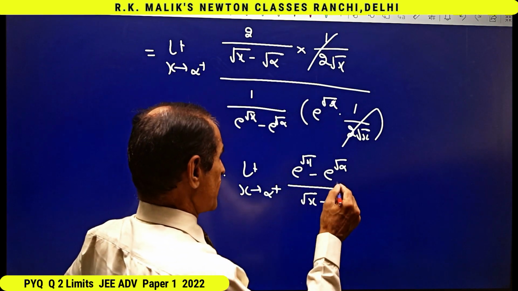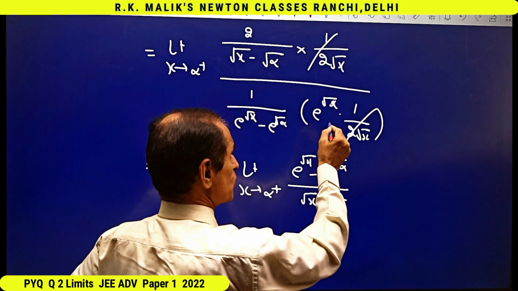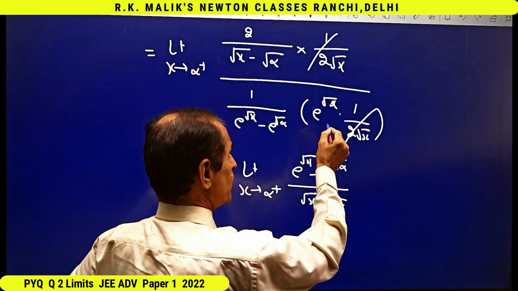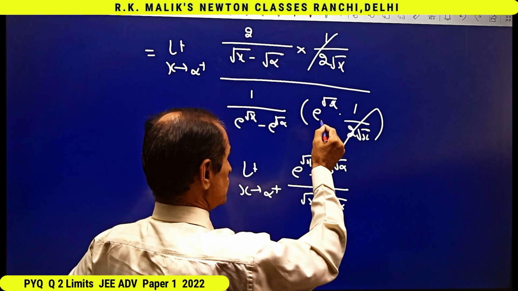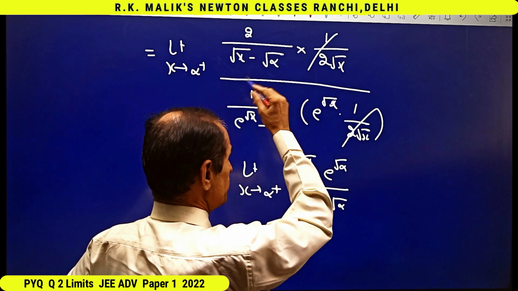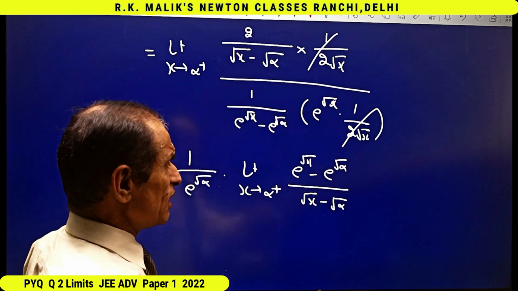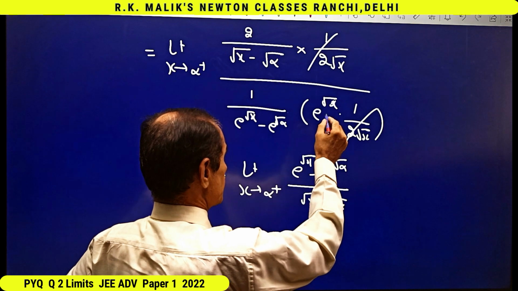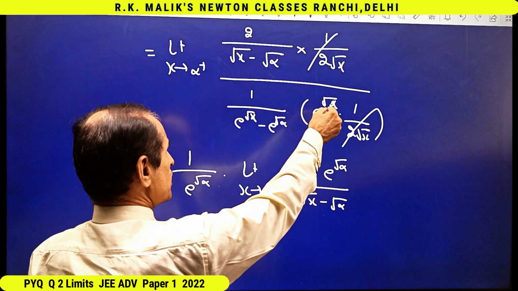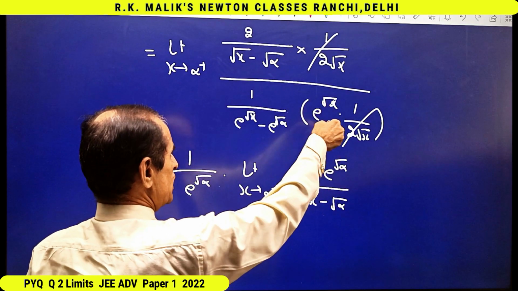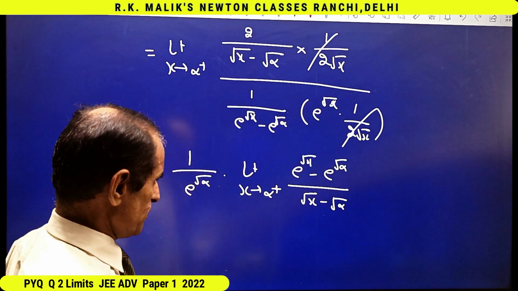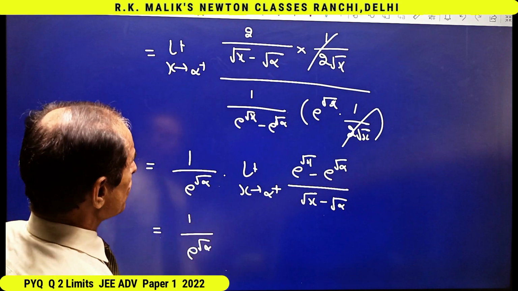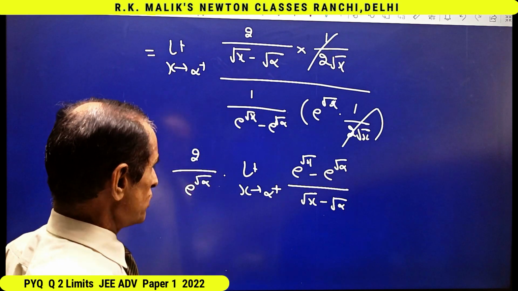Note that for taking the limit of a part of the question, that is allowed only if that part is in multiplication or division with remaining whole question and limit of that part is non-zero finite also. And because it is satisfying both the conditions, therefore I have taken the limit of this and taken outside. This is equal to 1 by 2 here.